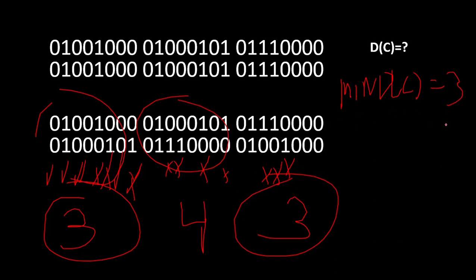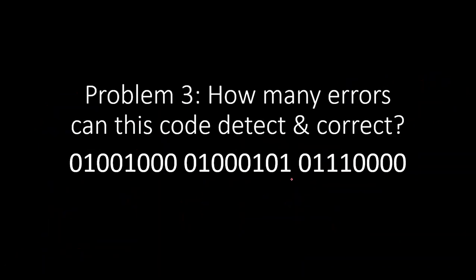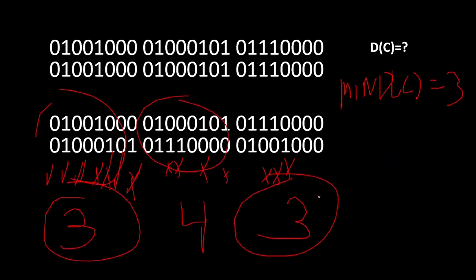Now, what does this imply? I'm sorry for the poor handwriting. I'm not accustomed to writing with the mouse. But anyway, what does that imply? Detect and correct: how many errors can this code detect and correct? So we're gonna erase all of these things on the screen.